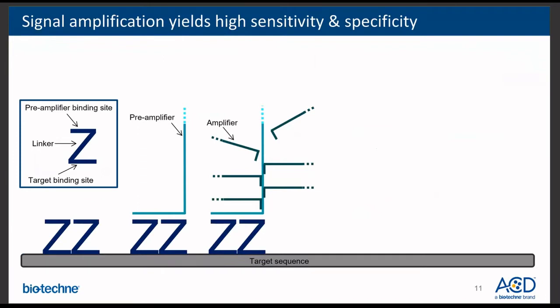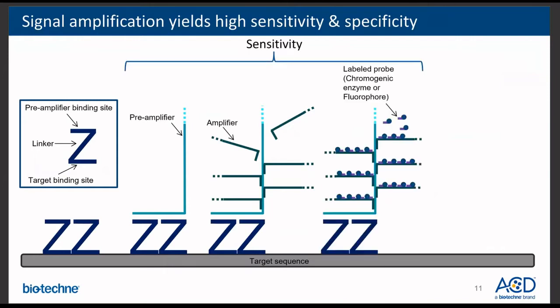Each ZZ pair has one of these combinations of pre-amplifier and amplifier. This generates a visible signal after a chromogenic reaction, such as with DAB. We have our label probes bind to our amplifiers, which are chromogenic or fluorophore-based label probes.